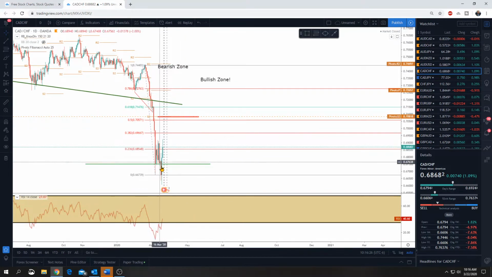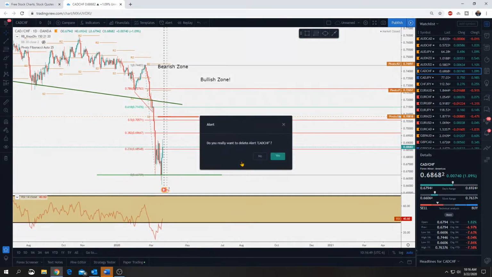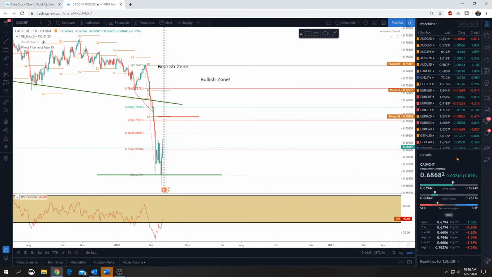It looks like it's well on its way now. Price did come all the way down to that finger candlestick wick and started coming back. We might just get stuck in this range right here, guys. I don't see a lot of strength in the Canadian dollar happening anytime soon due to the oil crisis.